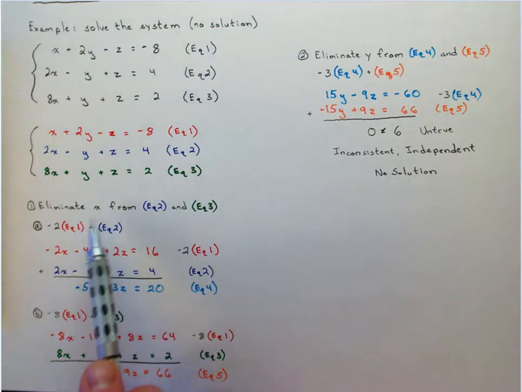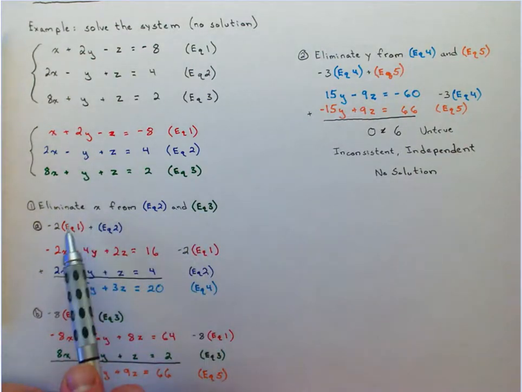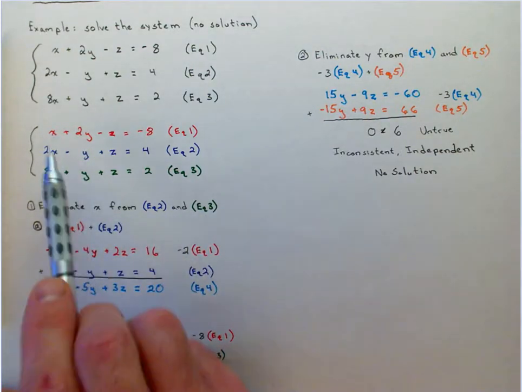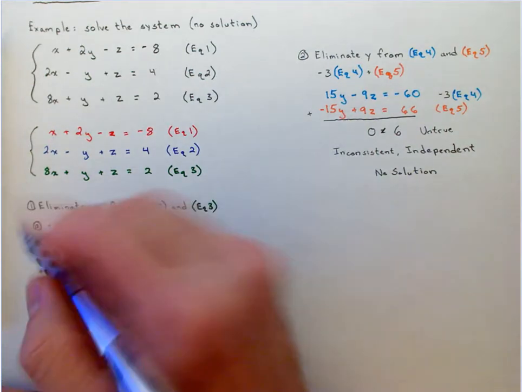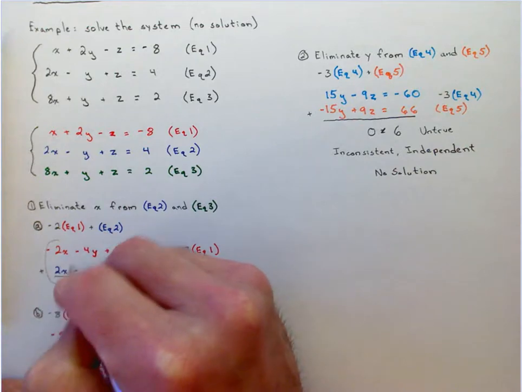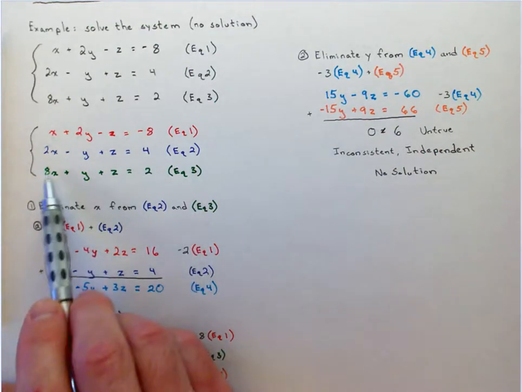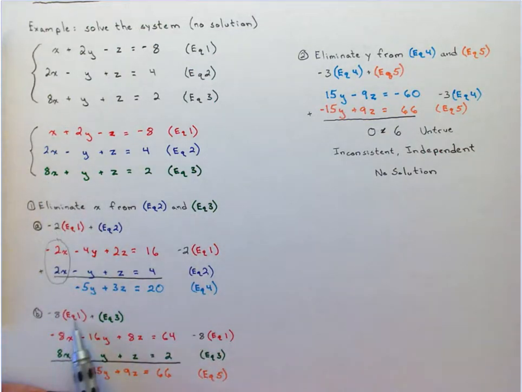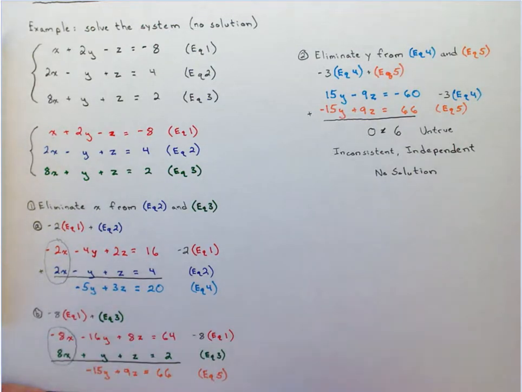So in order to make equation 1 where I can actually cancel out the x from equation 2, I multiplied by -2, creating opposites, giving me equation 4. And in order to be able to cancel out x in equation 3, I multiplied equation 1 by -8, giving me opposites, and creating equation 5.